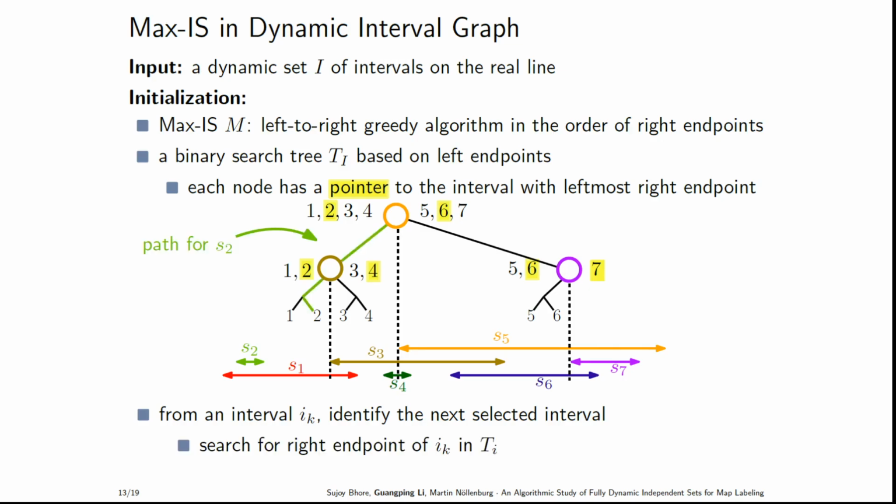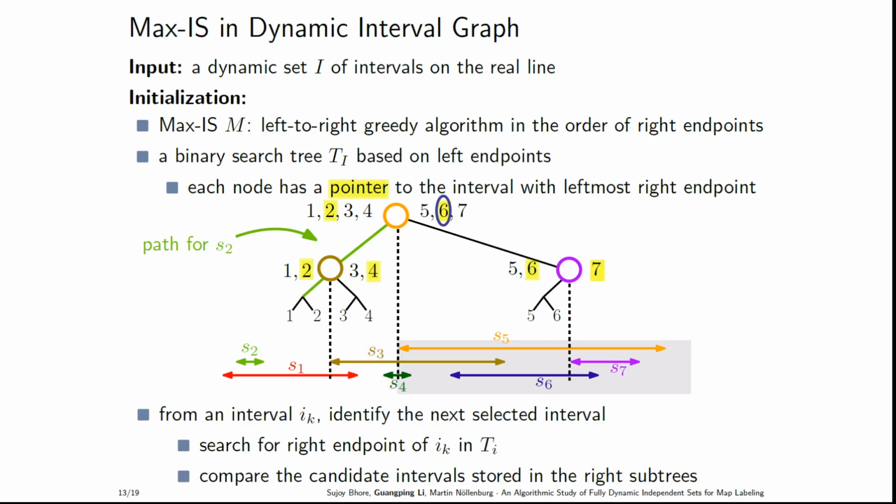For example, if this sweep line approach already selects S2, then we search for its right endpoint, and the right subtrees in the branches of the search path contain all the intervals totally to the right of this interval S2. And we compare the intervals stored in these right subtrees.